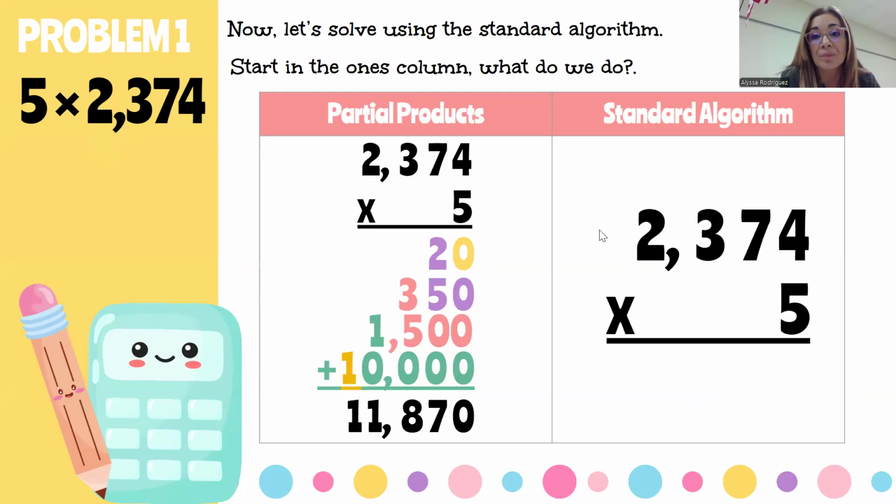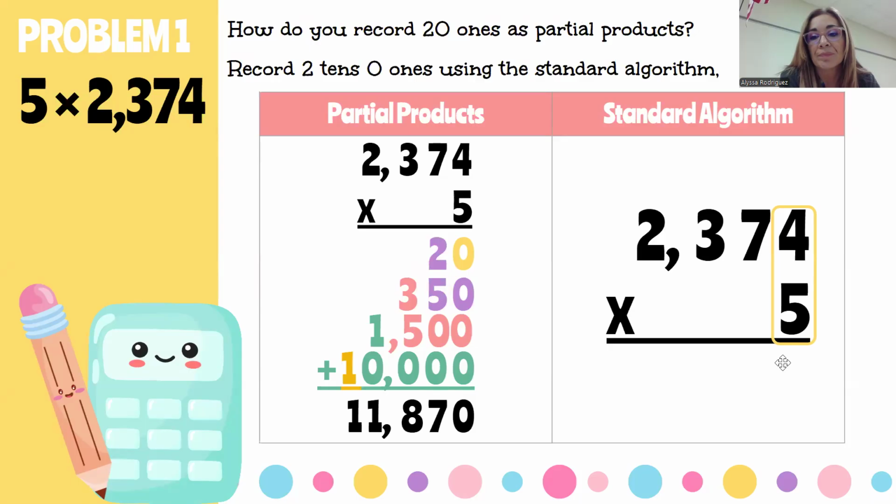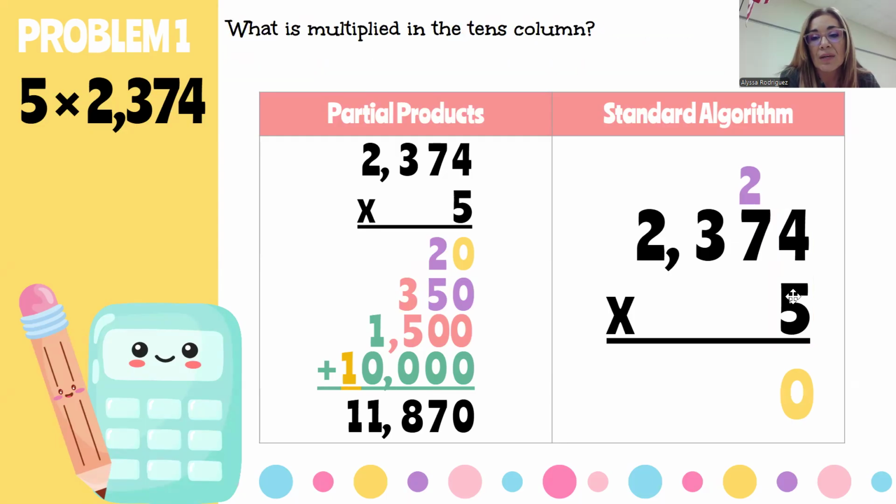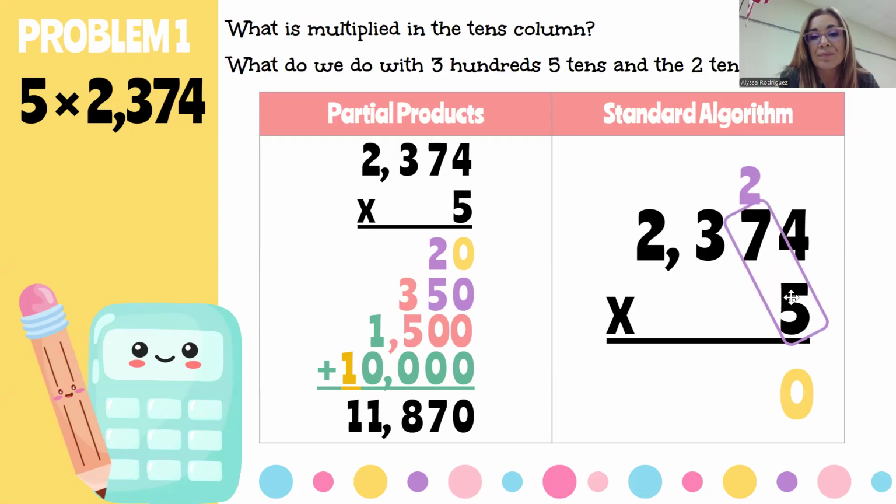Standard algorithm is when we're just doing the short way. 5 times 4 is 20. We're going to put the 0 down here, carrying the 2. 7 times 5 is 35, plus 2 more is going to be 37.